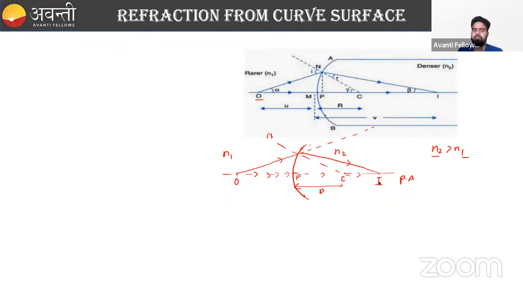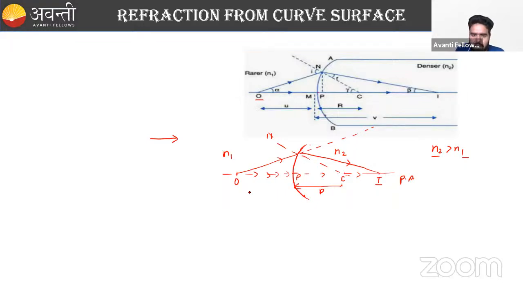So this is the image of the object O, and we already know that all distances are measured from the pole only, and we have already taken in the sign convention that whatever distance is measured in the direction of the incident ray is taken positive. The distance measured opposite to the direction of the incident ray is taken negative.